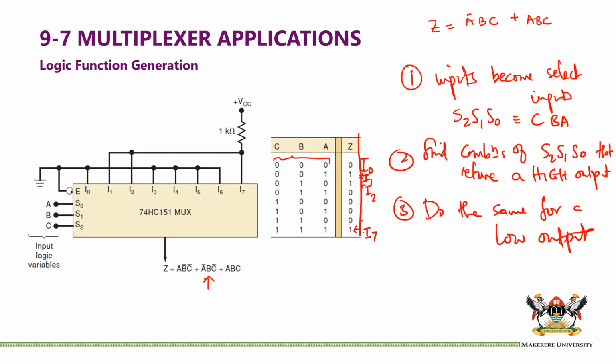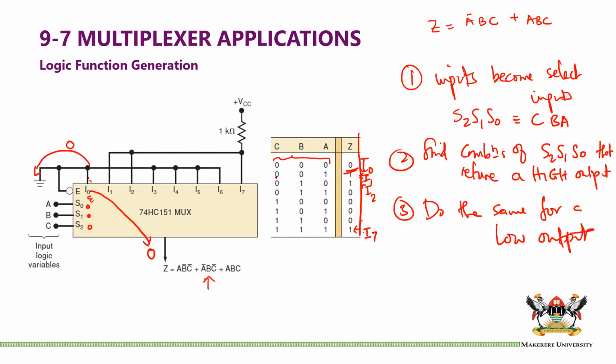You can see, first of all, that E is enabled, meaning it's connected to ground because it is active low. Now, I0 we have connected to ground. Why? So that if our S0, S1, and S2 are 0, 0, 0, meaning they are selecting this value, when this value crosses to the output, it is a 0.